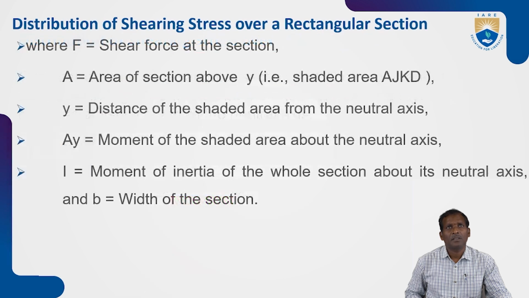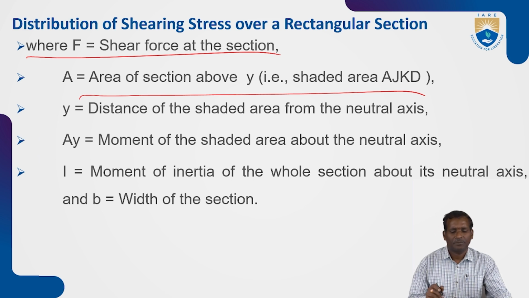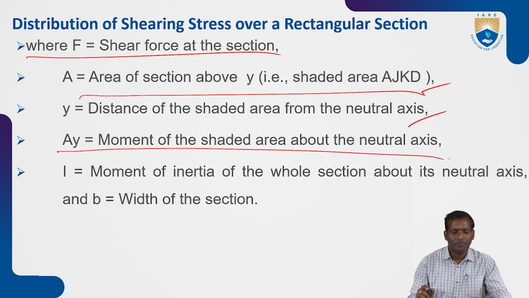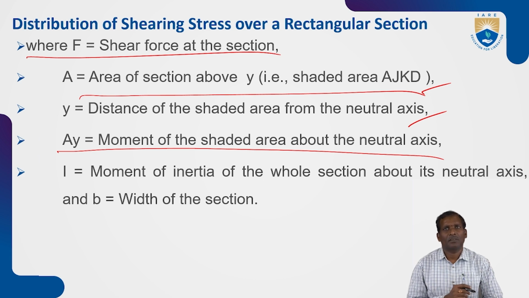This is the area of the section. y bar is the distance of the centroid of the shaded area from the neutral axis, and A y bar is the moment of the shaded area about the neutral axis, that is, distance multiplied with area.